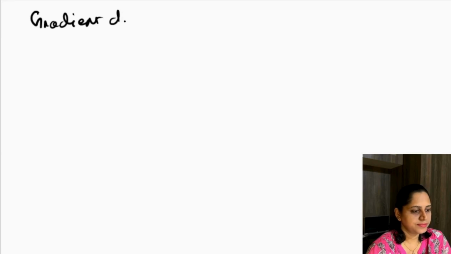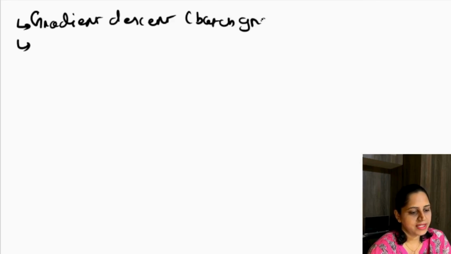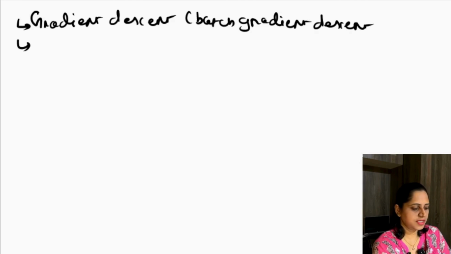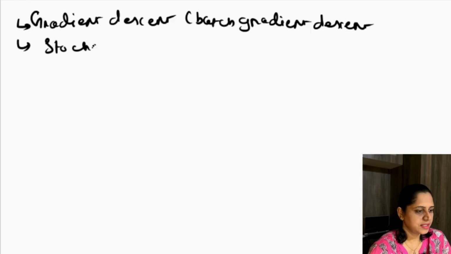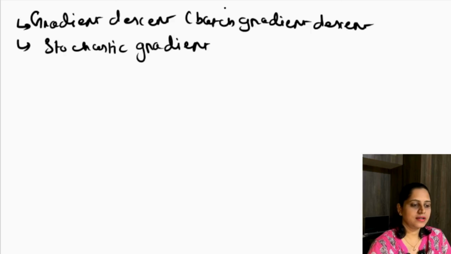Now we will understand the different optimization techniques. We understood gradient descent, which is a batch gradient descent. Then we have stochastic gradient descent, where it takes one input and understands the loss of it.